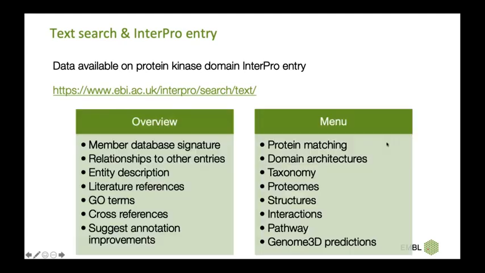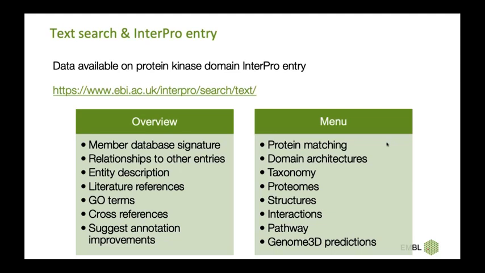So to summarize, an InterPro entry page contains information about the InterPro entry type, domain, and accession, the member database signatures contributing to this entry, the different relationships to other InterPro entries, a description of the InterPro entry, literature references, Gene Ontology terms on molecular function, for example, cross-references, and a button to suggest annotation improvements.